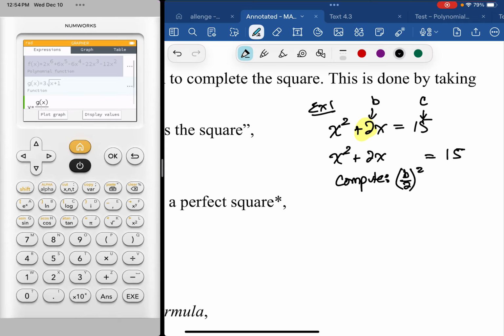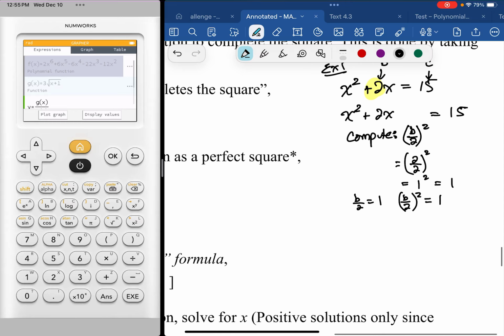So 2 over 2 squared, which is 1 squared, which is just a 1. My b over 2, I'll make a little note of this, is equal to 1. And as it turns out, b over 2 squared is also equal to 1, because 1 squared is 1.